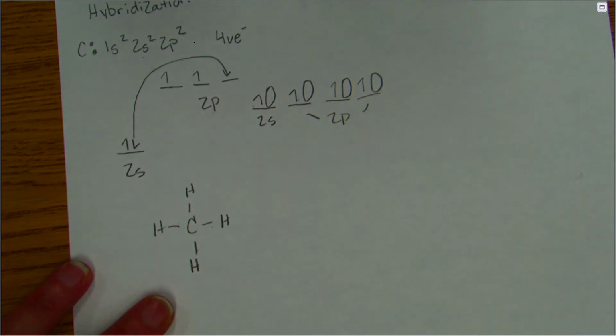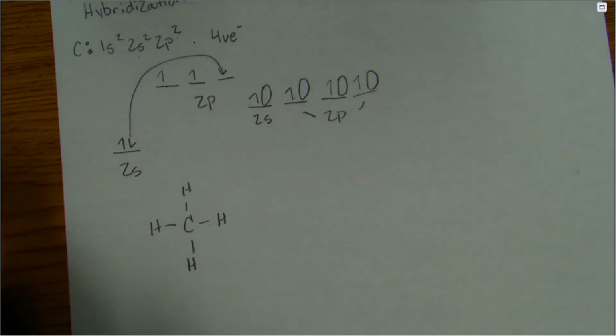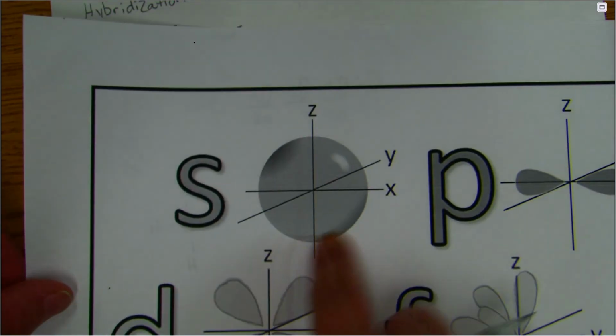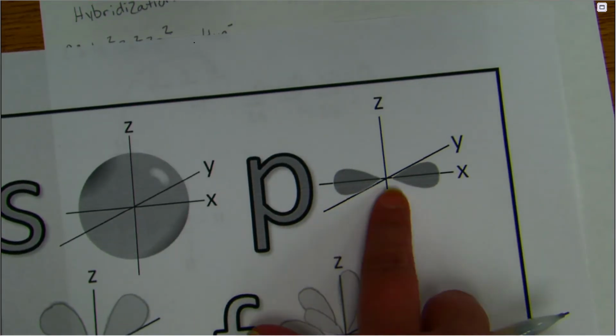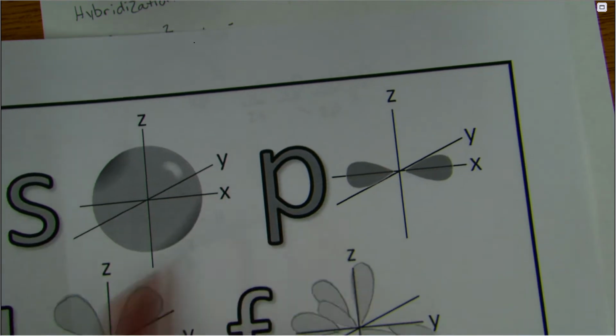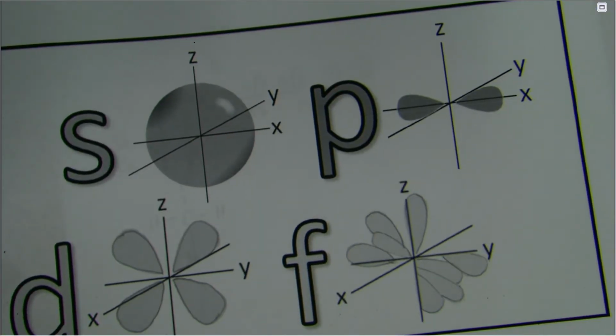So in terms of the hybridization of carbon, if you remember, the s is spherical, and the p has this shape right here. If you remember, the s, p, d, and f all have different shapes. All right.